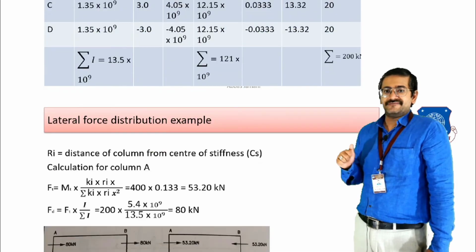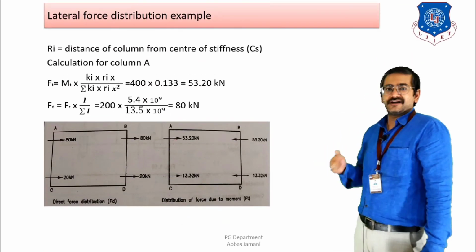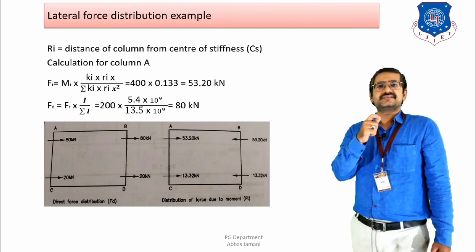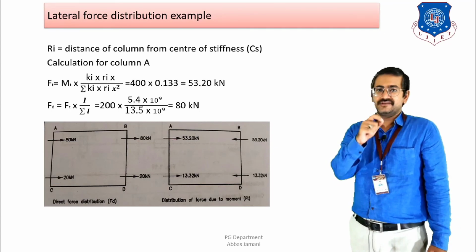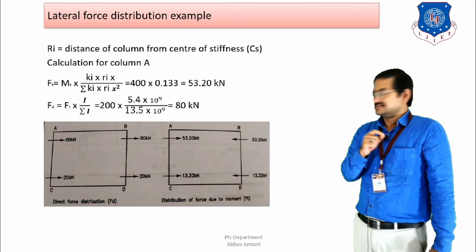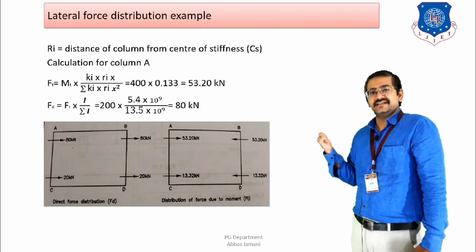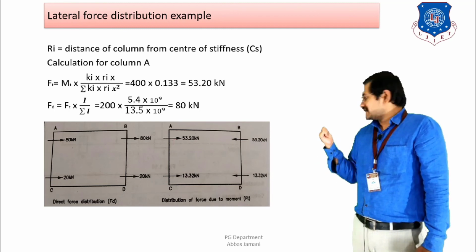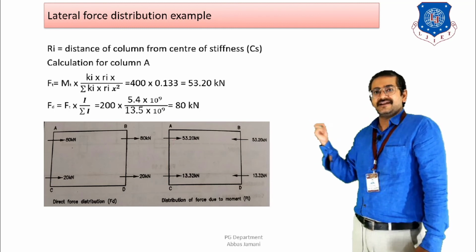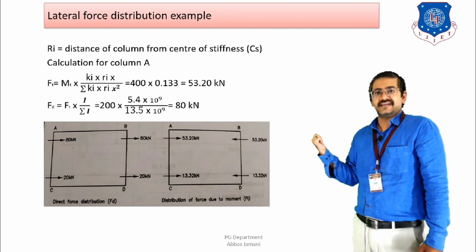So now if we look at the distribution that is shown over here, then the important thing that I told you at the beginning, that the purpose of this example is to understand how the lateral force is going to be affected by the orientation of the column. So if you look at it, the columns that are oriented towards the direction of forces, that is the columns that are rotated at 90 degree towards the forces, then in that case the amount of force carried by them is going to be more.